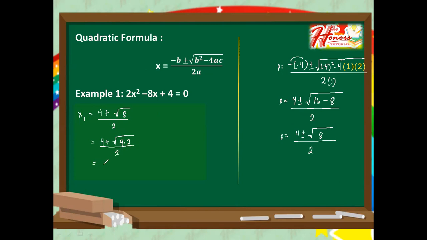So that is equal to 4 plus 2 square root of 2 over 2.